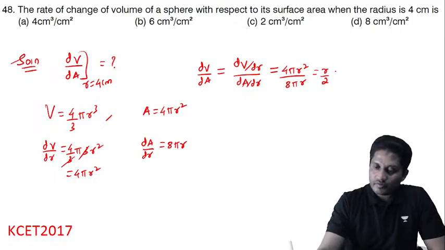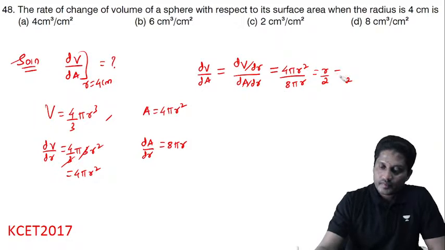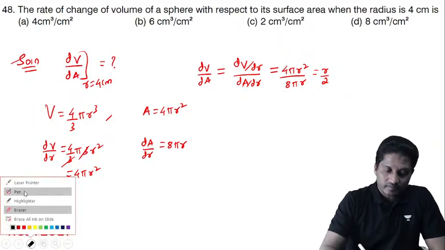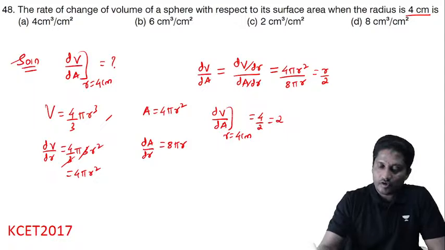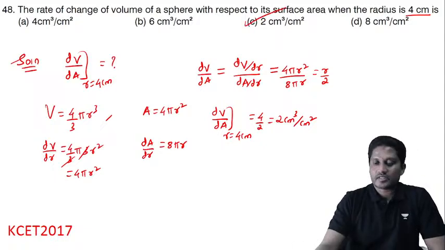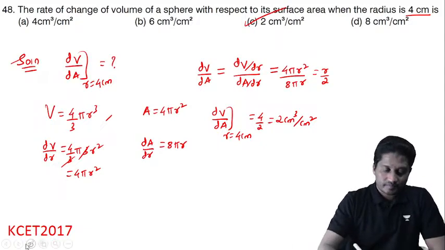If radius is 4, you will get 4 by 2. Let me write in the next step. dV by dA, when radius is equal to 4 centimeter, will be equal to 4 upon 2, which is equal to 2. Volume, right? Centimeter cube. Area is centimeter square. 2 centimeter cube by centimeter square. Answer is option C.